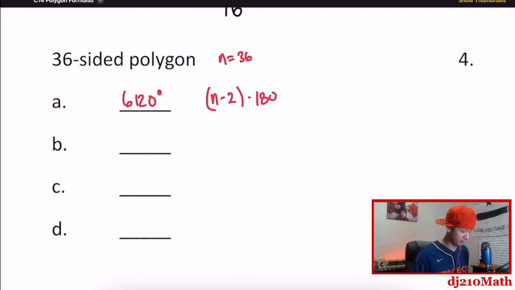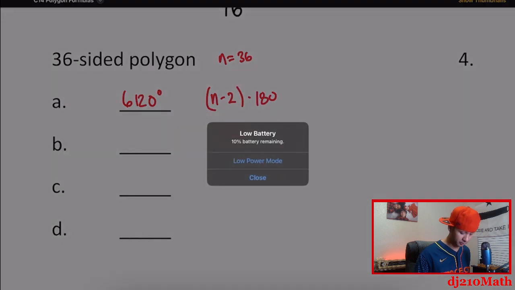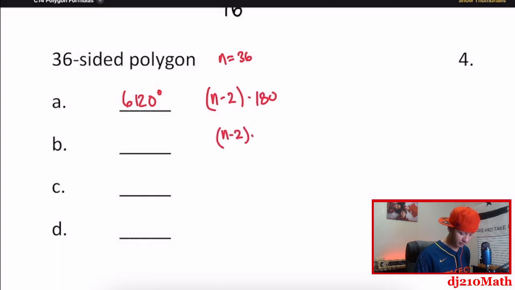And if I want each individual interior angle, I divide that by 36. So it'll be n minus 2 times 180 divided by n, which is 170 degrees.